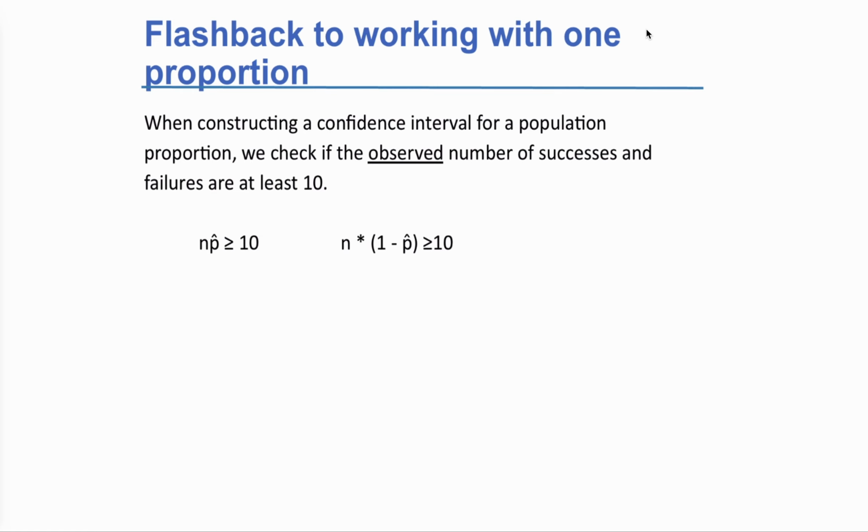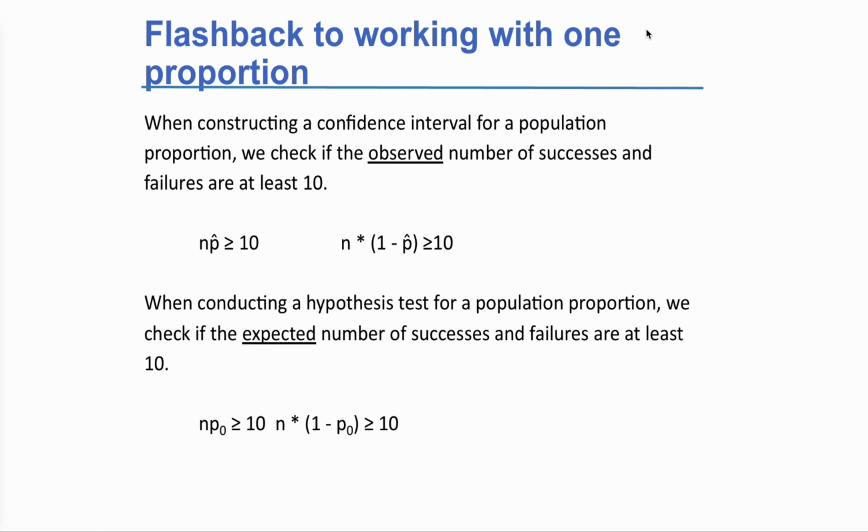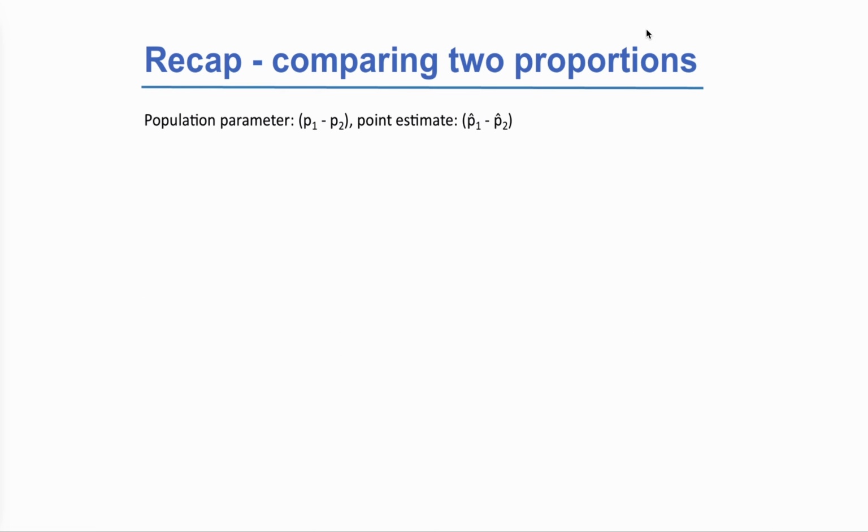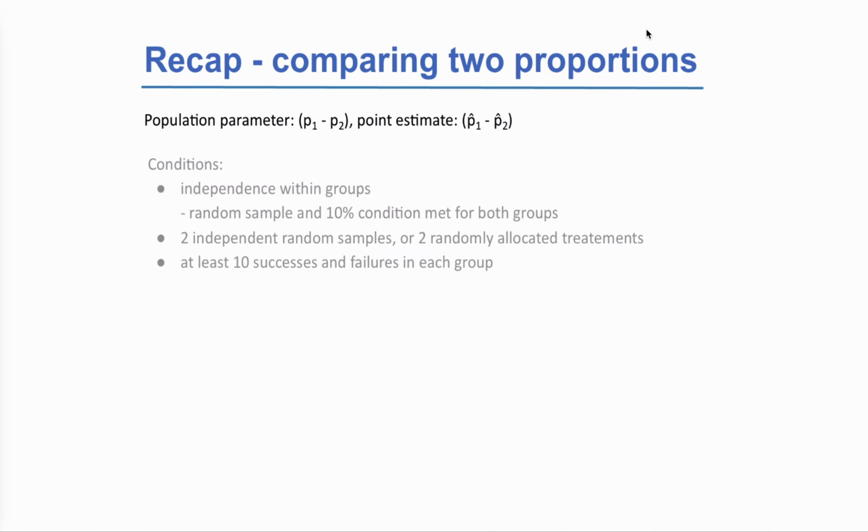All right. When constructing a confidence interval for a population proportion, we check if the observed number of successes and failures are at least 10. We're not doing a hypothesis test yet, so don't worry about that. So conditions: independence, random sample and the 10% condition met, and at least 10 successes and failures in each group.